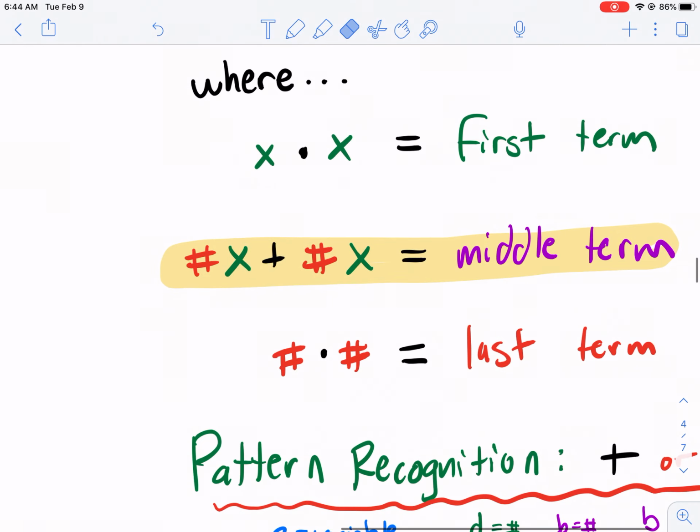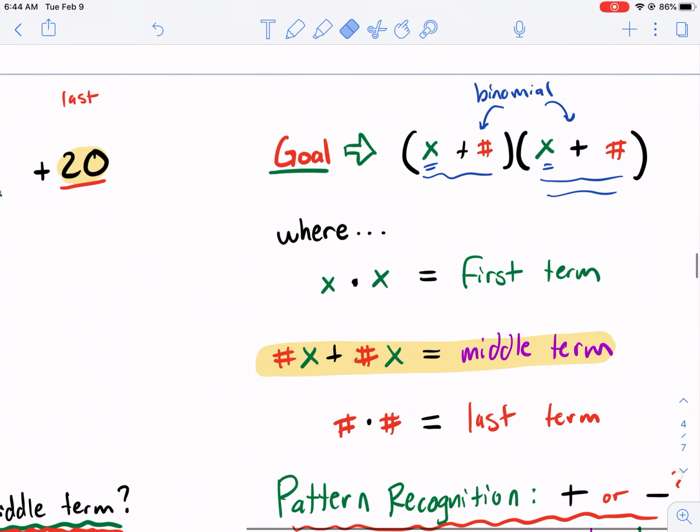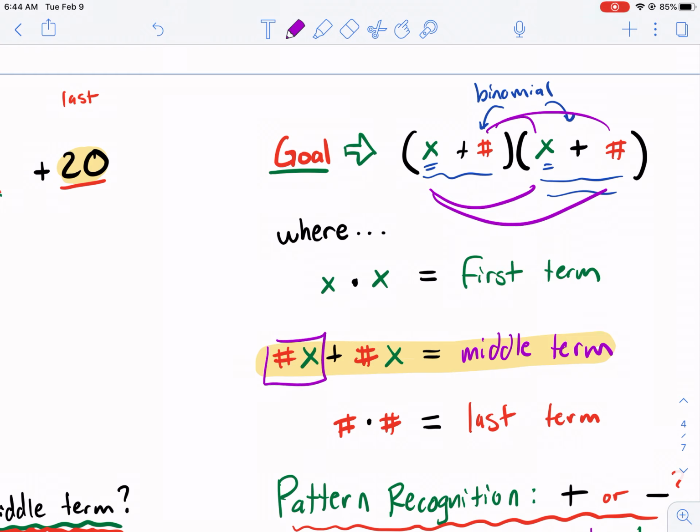Well, here we see the middle term after we FOIL. If we FOIL, we get first times first, first times last, and then we have this and that. When we FOIL, we end up with these 2, the outer and the inside, and we have this plus this.